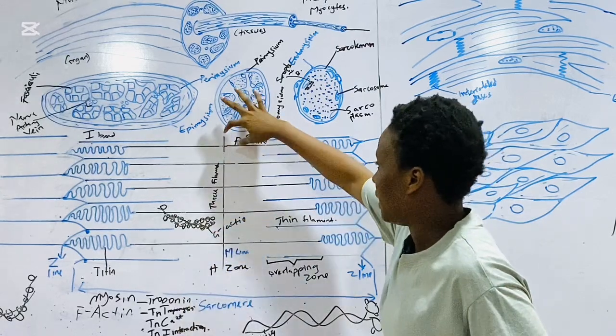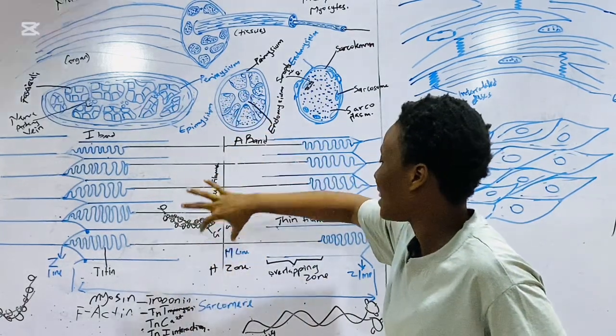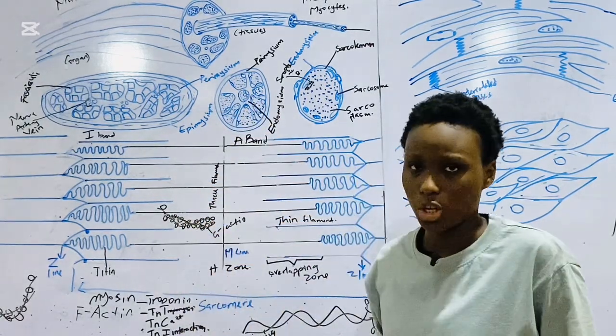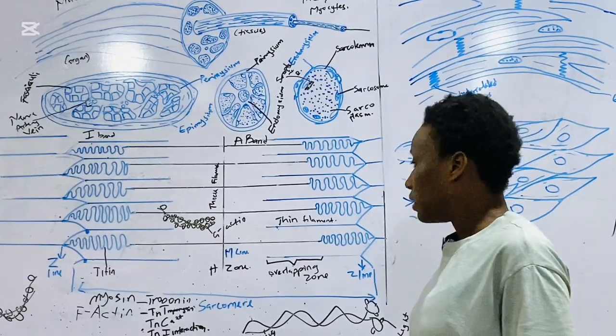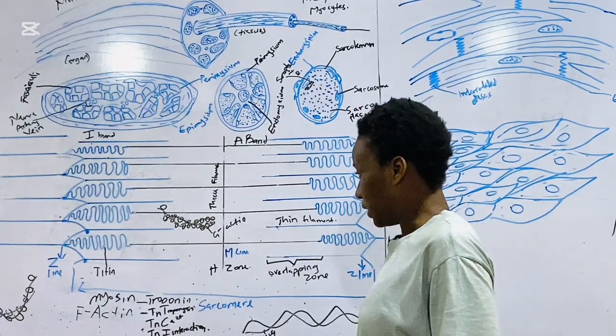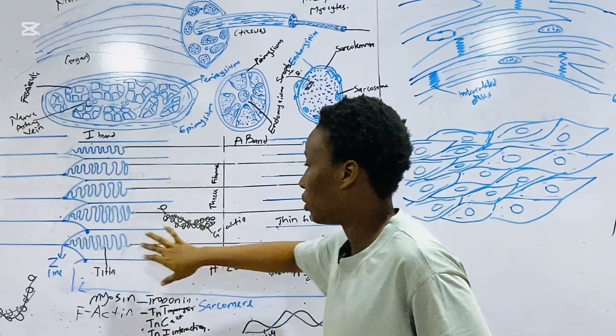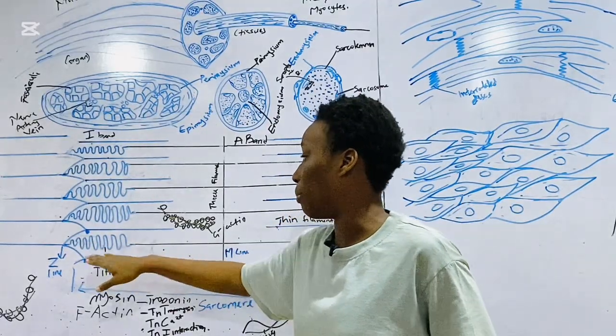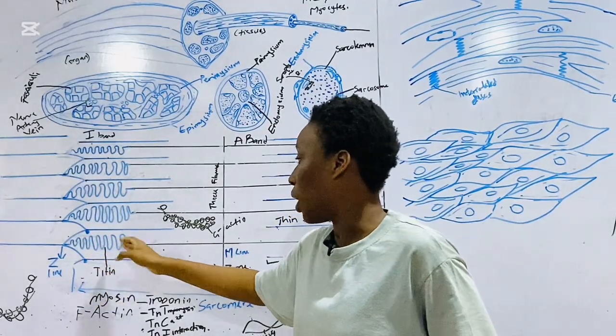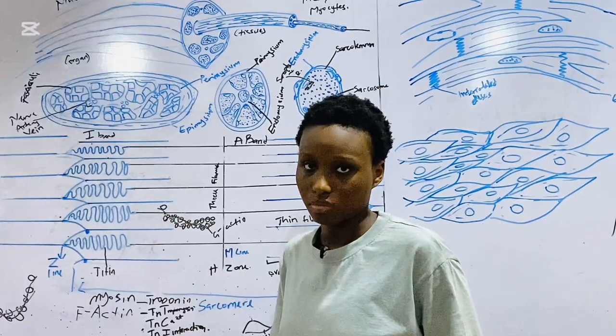Where the M line bisects, there is a zone called the H zone. The significance of the H zone is this. Thick filaments are bound to the Z line by titin.